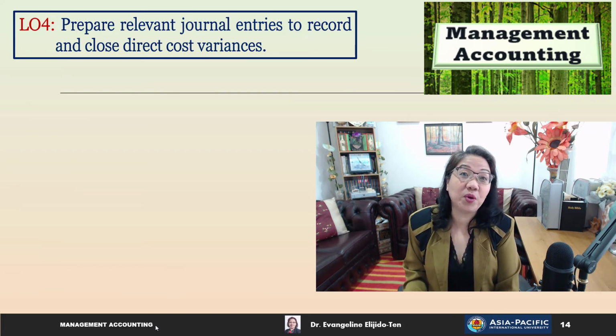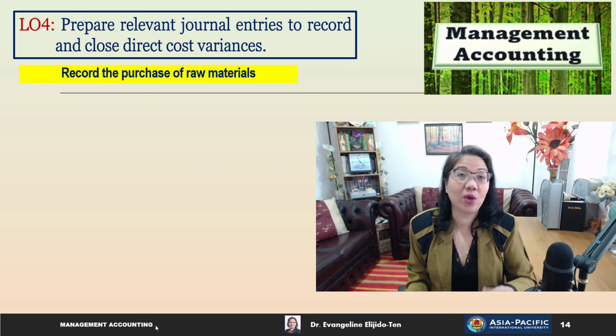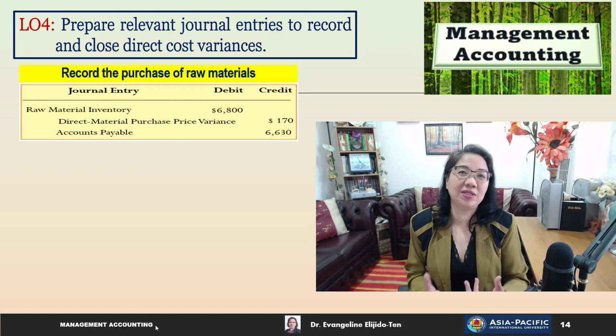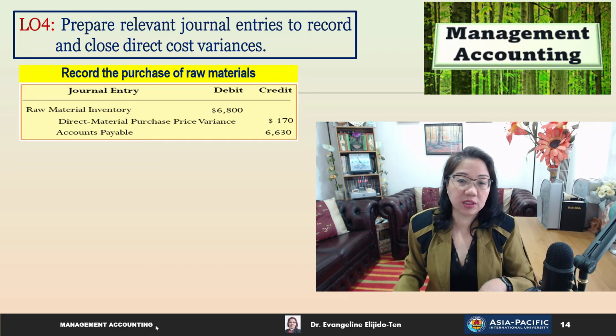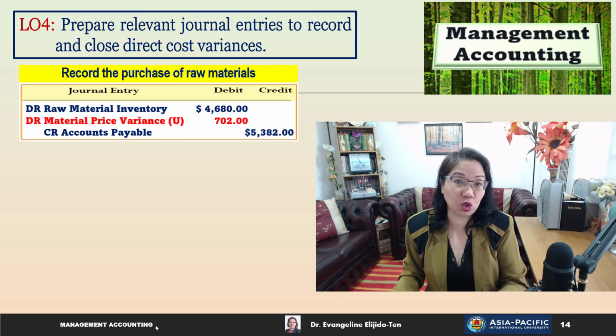This is where we will prepare the relevant journal entries to record and close direct cost variances. So, how do we record the purchase of raw materials when we are using standard costing? Normally, we would debit raw materials inventory and credit accounts payable, or cash. But if we are using standard costing, we will be debiting raw materials inventory for the standard price, $4,680 as shown earlier.